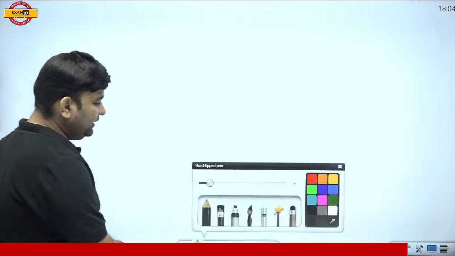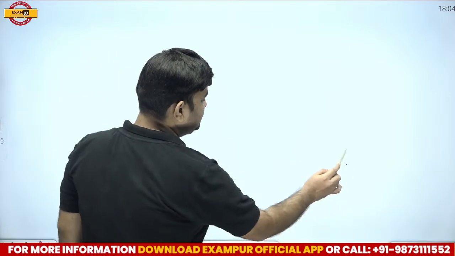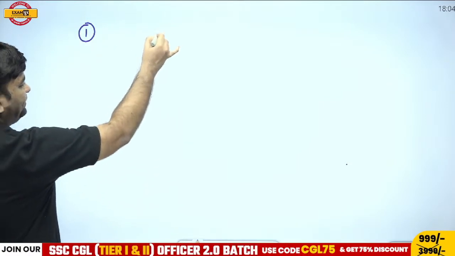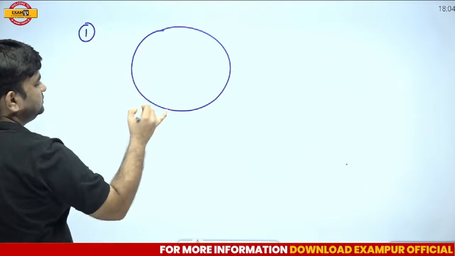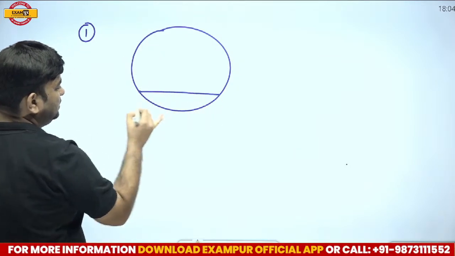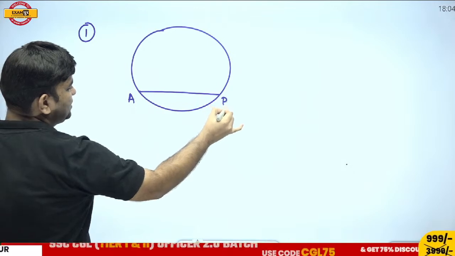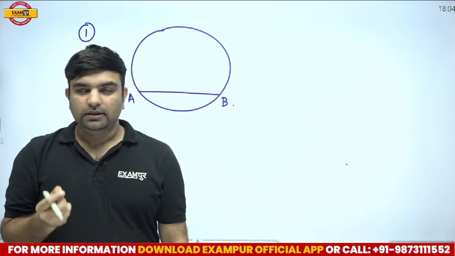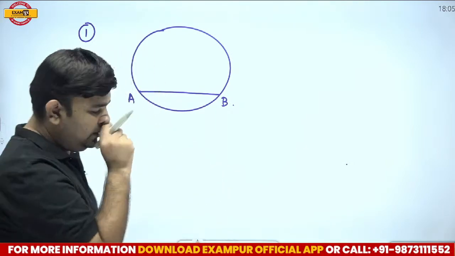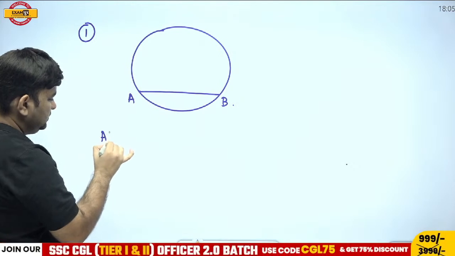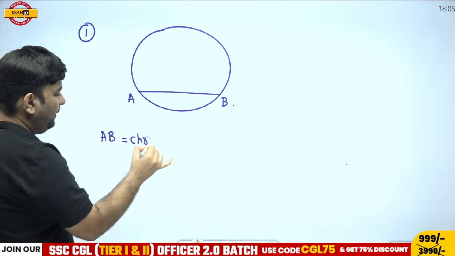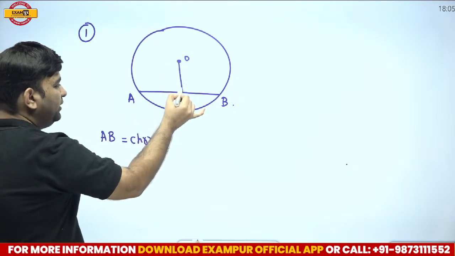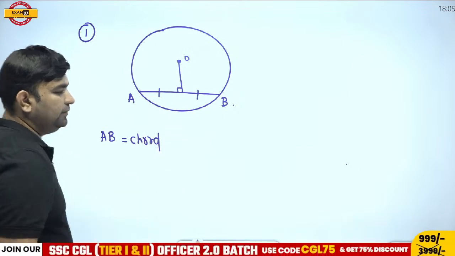The first property is, this AB is called a chord of a circle. If you draw a perpendicular from center onto the chord, it will bisect the chord.